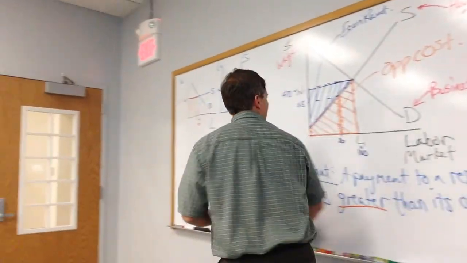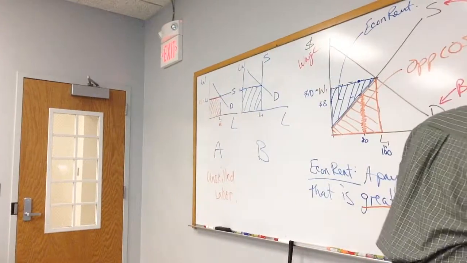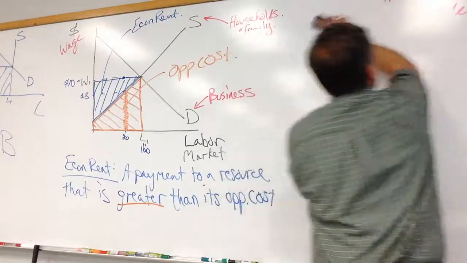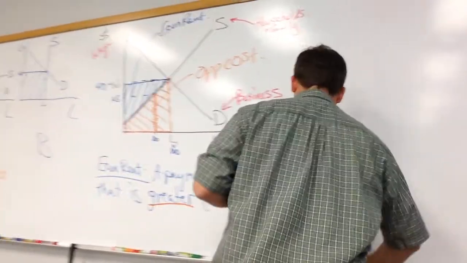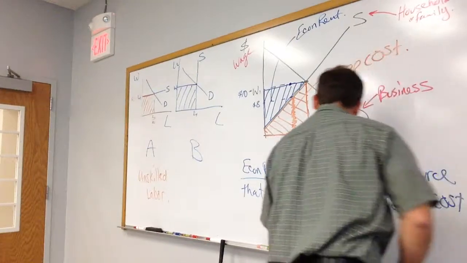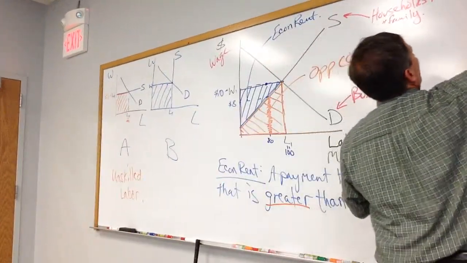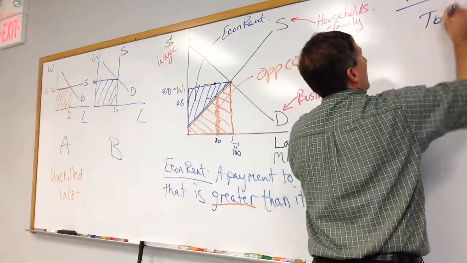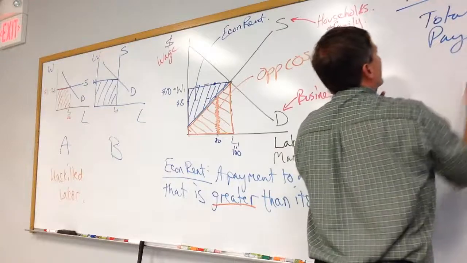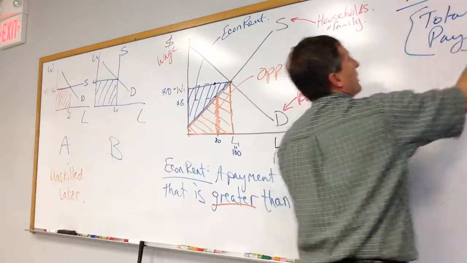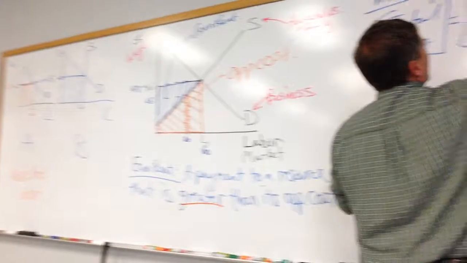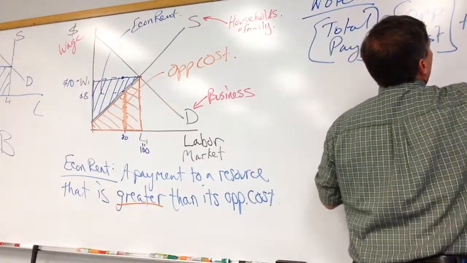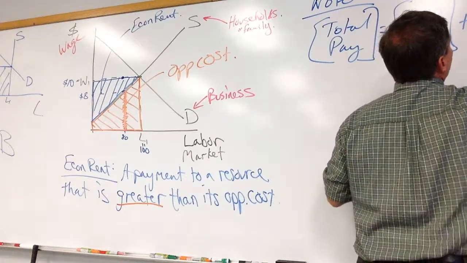So let's write down a little bit of this before I move on to the next thing. So note, your total pay is equal to your opportunity cost plus economic rent, or it can be broken down into these things.